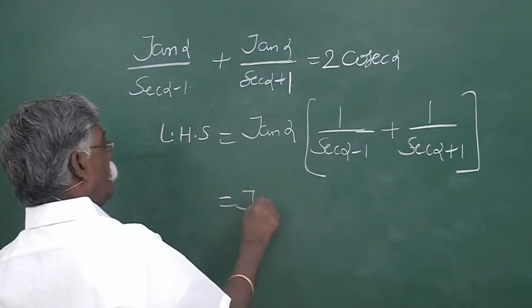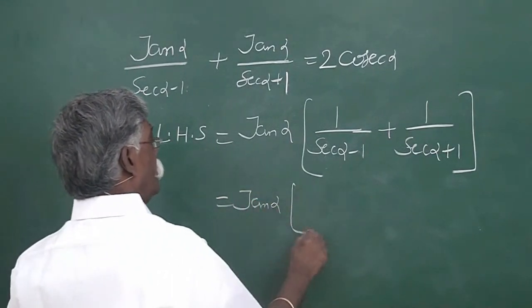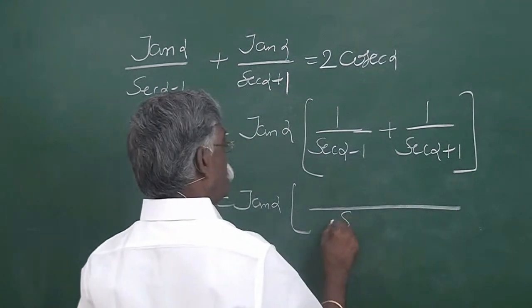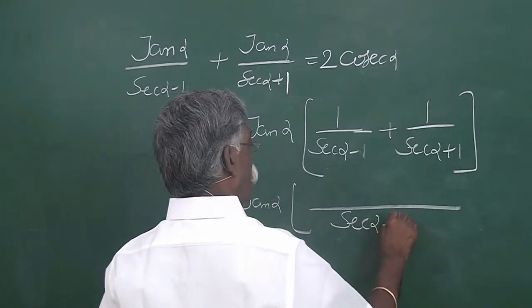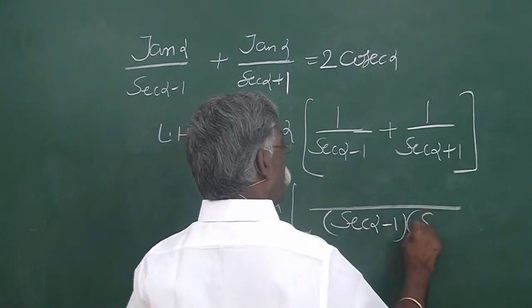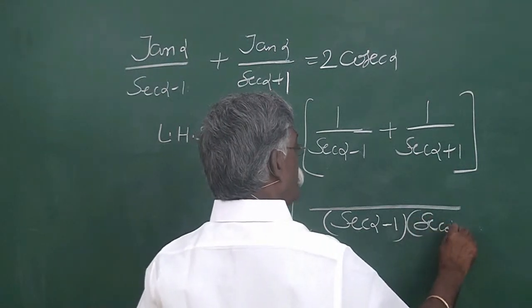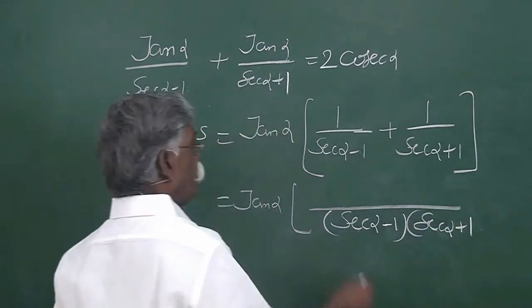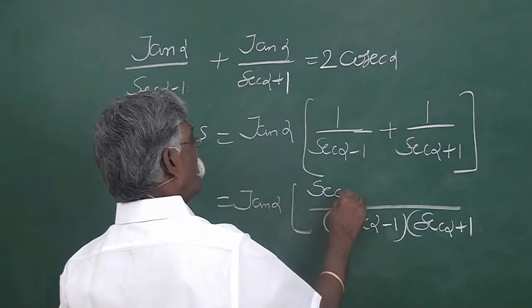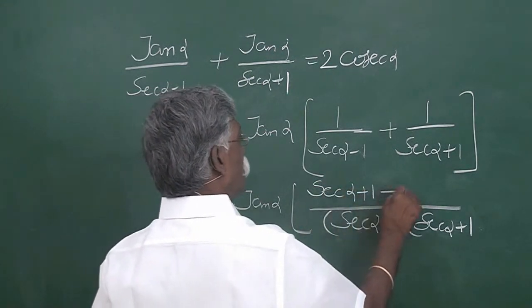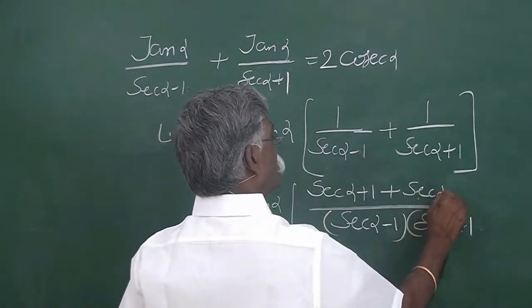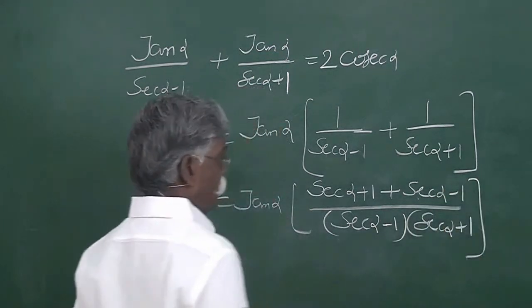Now, tan alpha is here. The LCM here is secant alpha minus 1 into secant alpha plus 1. Here we will get secant alpha plus 1 plus secant alpha minus 1.